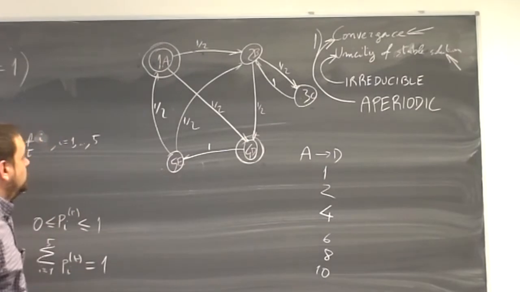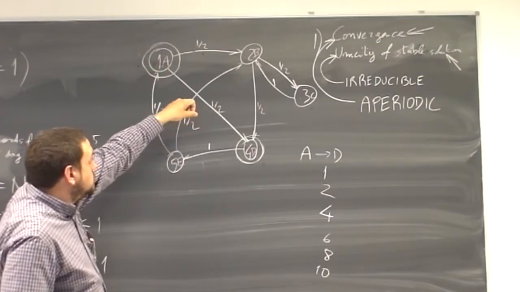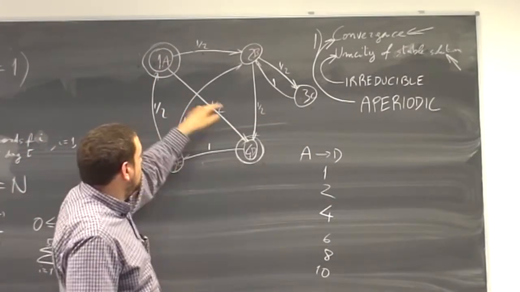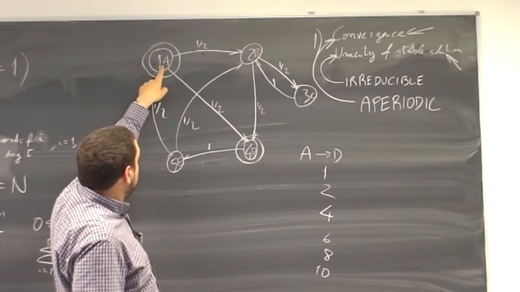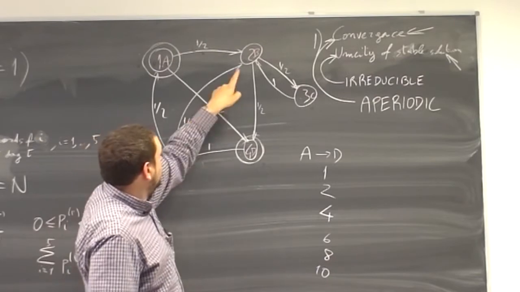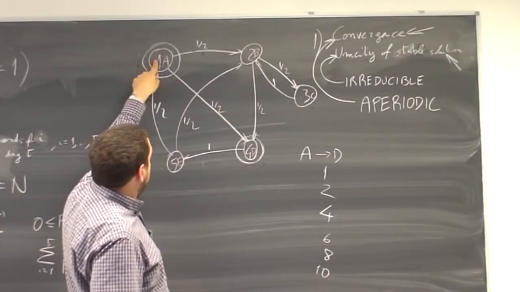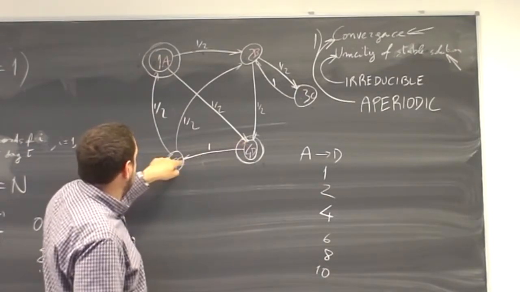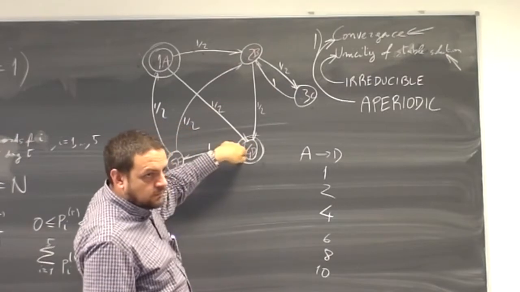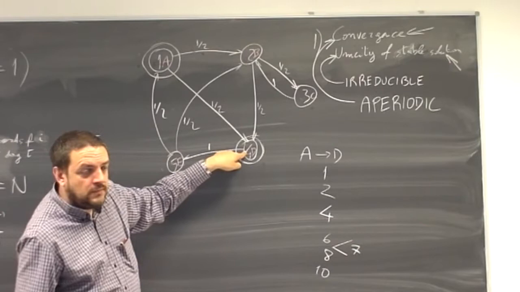What about other possible odd numbers? Well, of course it depends. But actually not only even numbers, because you can, for example, do 1, 2, 3, no. Start from A. 1, 2, 3, 4, 5, 6, 7. So 7 steps are possible.